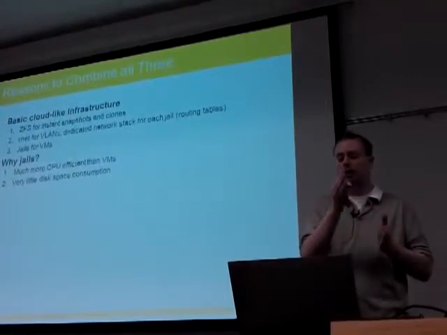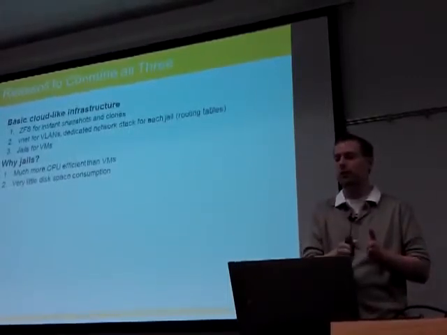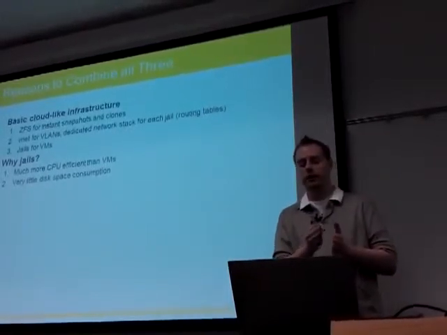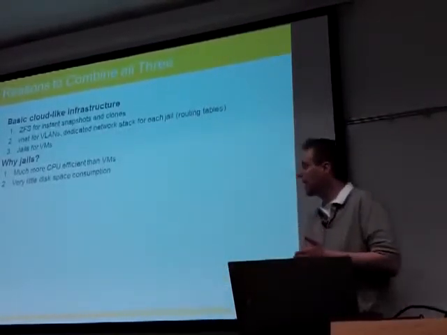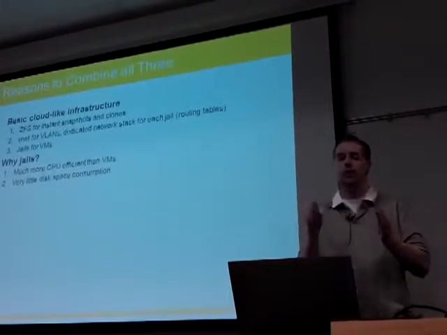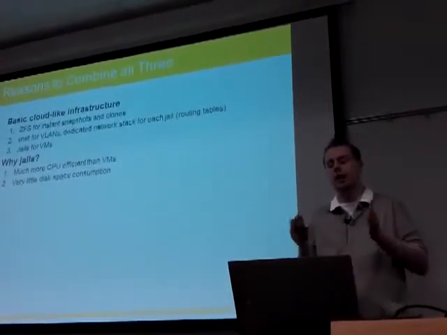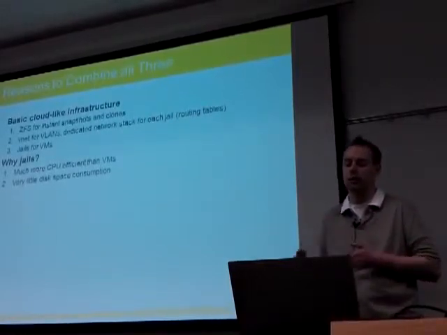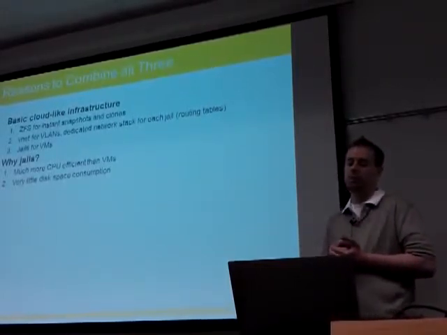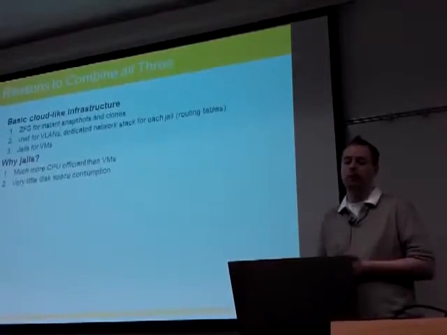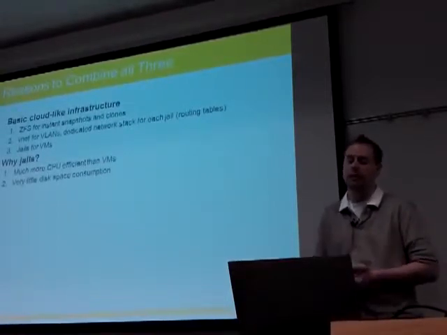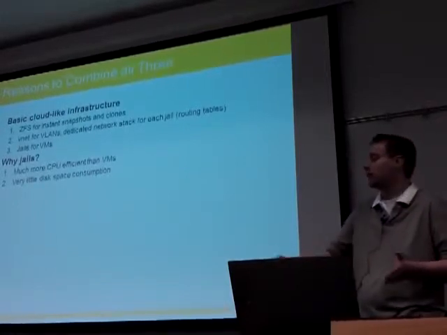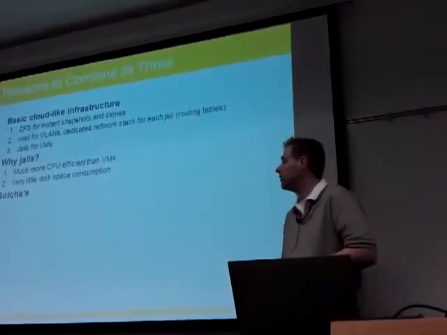Jails take up as little CPU, memory, and disk space as they need, and they can expand. You can cap them: you can do disk quotas, CPU limiting, and memory limiting for each jail. But by default, with a basic cloud-like infrastructure, they scale very, very well.